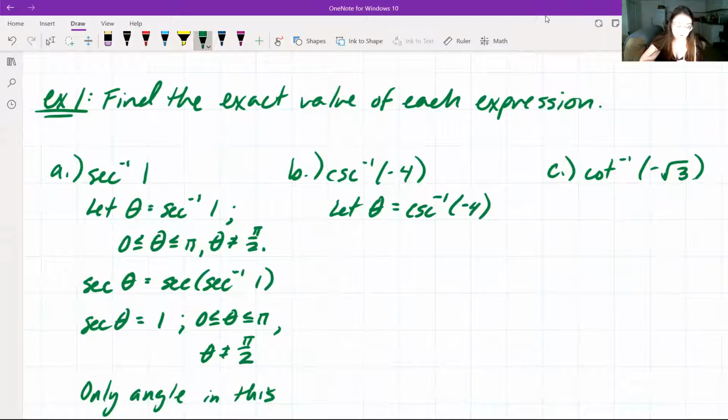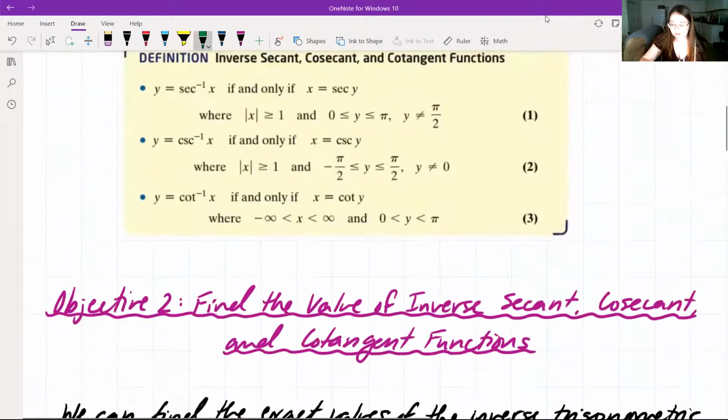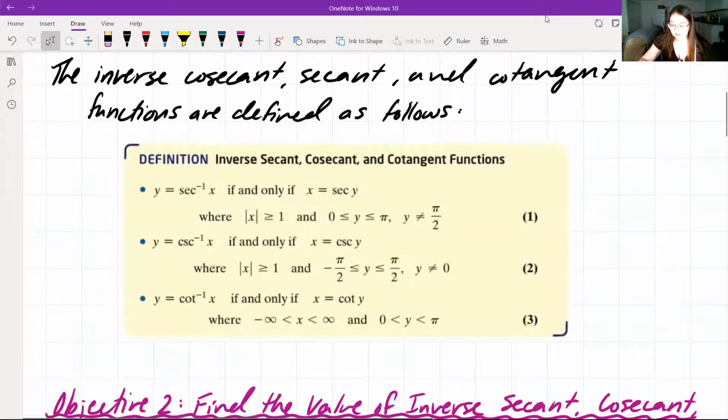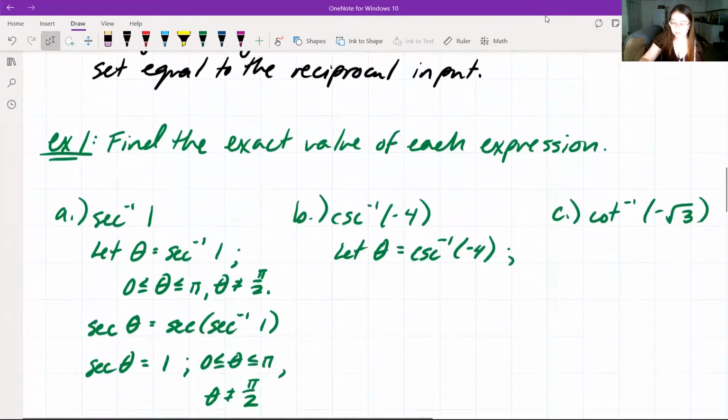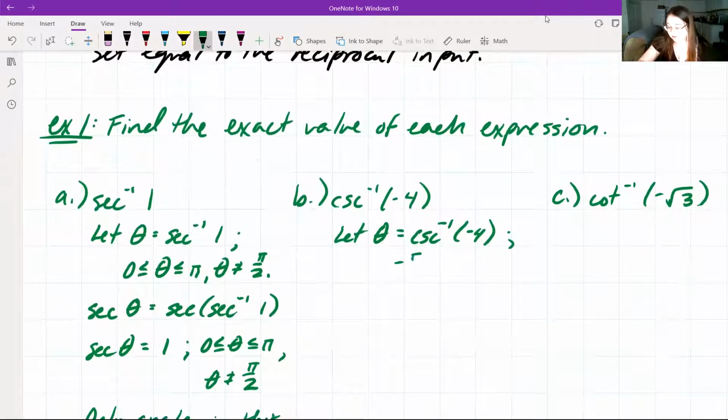So we let cosecant inverse of -4 be equal to theta, which means that we first define our domain, which will be between -π/2 and π/2, where theta does not equal 0.